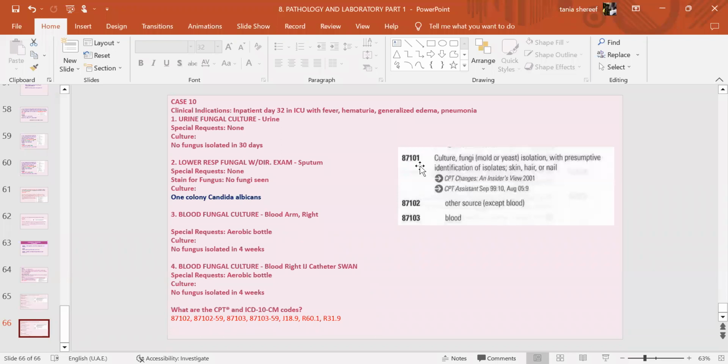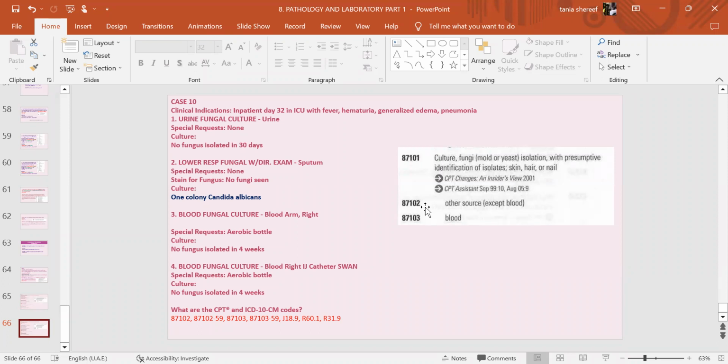But here it is urine. 87102 is other source except blood. Blood we have another code, 87103. So if it is urine, we can take it as 87102. Again, this is a fungal culture, but not skin, hair, nail or blood. That is sputum. So again, we are using 87102 with modifier 59.